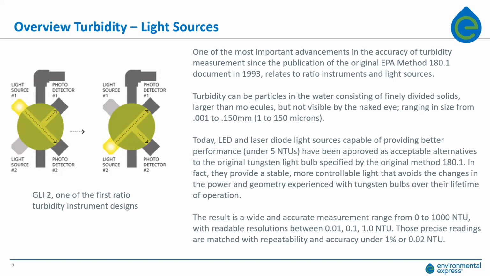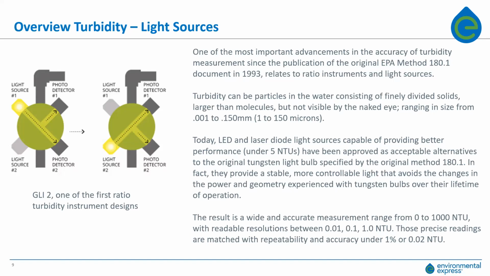For LED or infrared turbidimeters, a wavelength of 860 nanometers is the optical LED wavelength for measurement of low turbidity values. So today, the LED and laser diode light sources are capable of providing better performance, all at the low end, under 5 NTUs, and have been approved as acceptable alternatives to the original tungsten light source as specified in the original method 180.1.